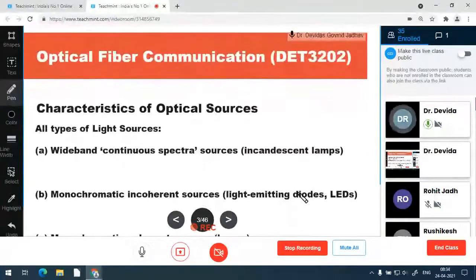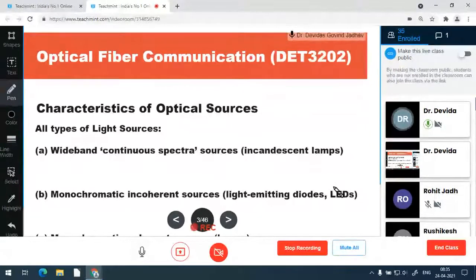One is tube light. Second is filament bulb, a bulb which has a filament. Then nowadays we are using fluorescent tube light as well as LED tube light. Then halogen lamp is there. So all these are optical sources we use.